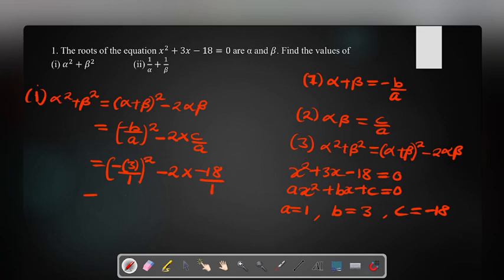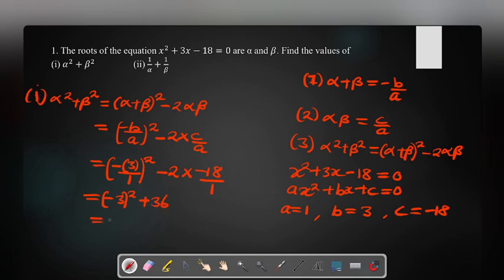Negative times 3 gives us negative 3, and over 1 we still get negative 3. Then we say to the power 2. Then minus 2 times negative 18 gives us positive 36.